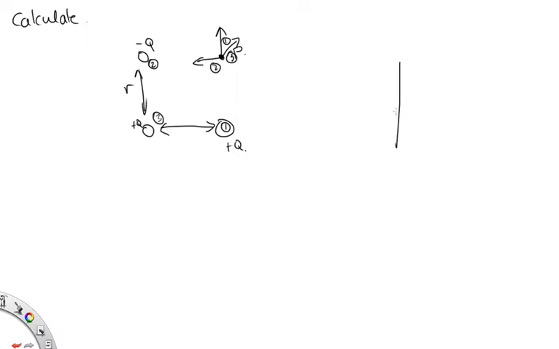Okay, so here's the electric field due to charge 1, which we can write as 1 over 4 pi epsilon naught Q over R squared, and the electric field 2 is equal to 1 over 4 pi epsilon naught Q on R squared again.